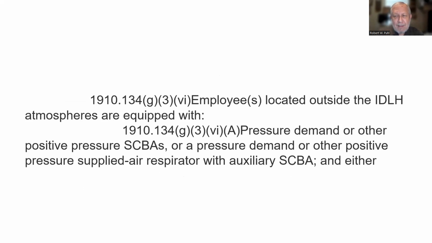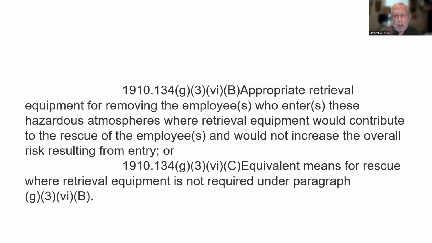Employees located outside the IDLH atmospheres are equipped with pressure demand or other positive pressure SCBAs, or a pressure demand or other positive pressure supplied air respirator with an auxiliary SCBA, and either appropriate retrieval equipment for removing the employees who enter these hazardous atmospheres, where retrieval equipment would contribute to the rescue of the employees and would not increase the overall risk resulting from entry, or equivalent means for rescue where retrieval equipment is not required under paragraph B.